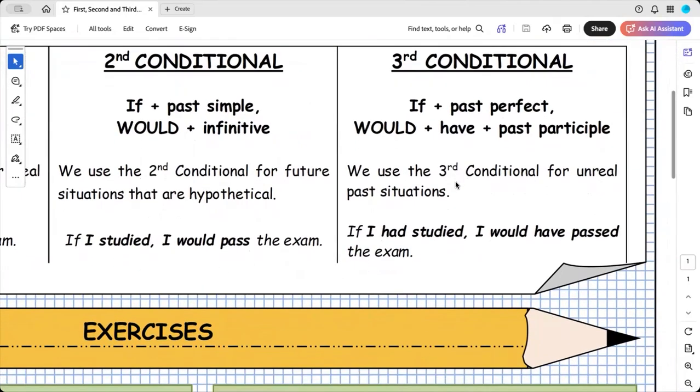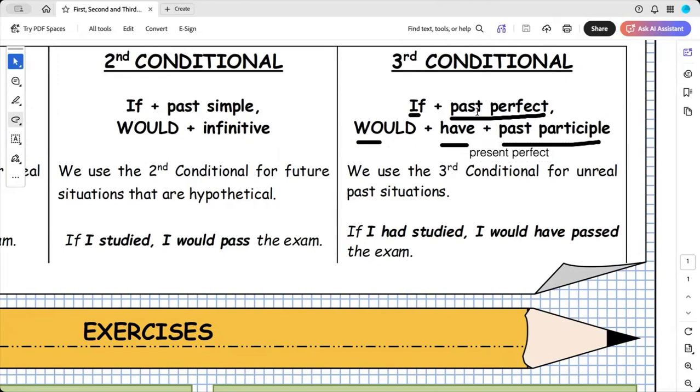So just practice, find your own personal examples, because you'll remember those examples and you'll learn the conditional within your example. That's a tip. Third conditional here. So third conditional: if past perfect, would have past participle. Now you all know that have plus past participle is present perfect tense.